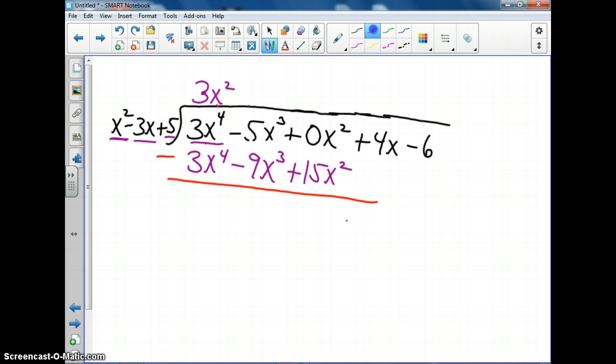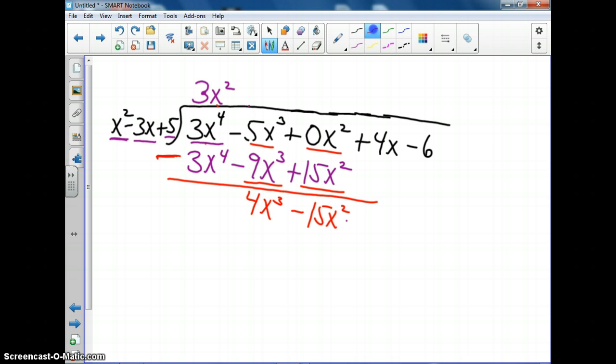Negative 5x to the 3rd minus negative 9x to the 3rd is positive 4x to the 3rd. Now, 0x squared minus 15x squared becomes negative 15x squared. Very good.